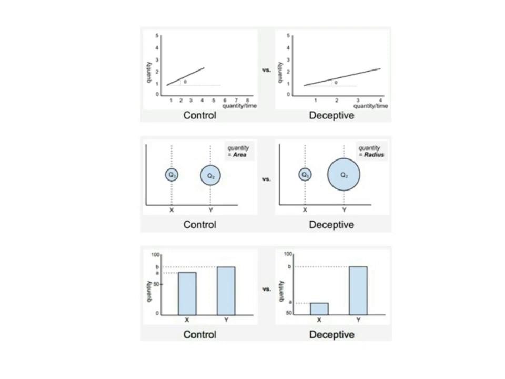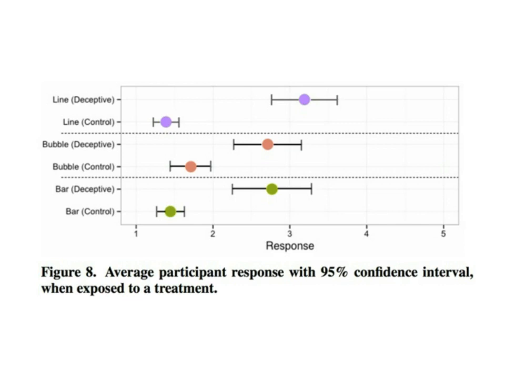And what they found was, and this is another result slide, this is actually a really good one. This shows you how big the error was. Each pair of two charts with the same color shows you the same type of chart, but the top one is always the deceptive one, and the bottom one is the correct one, the proper one.